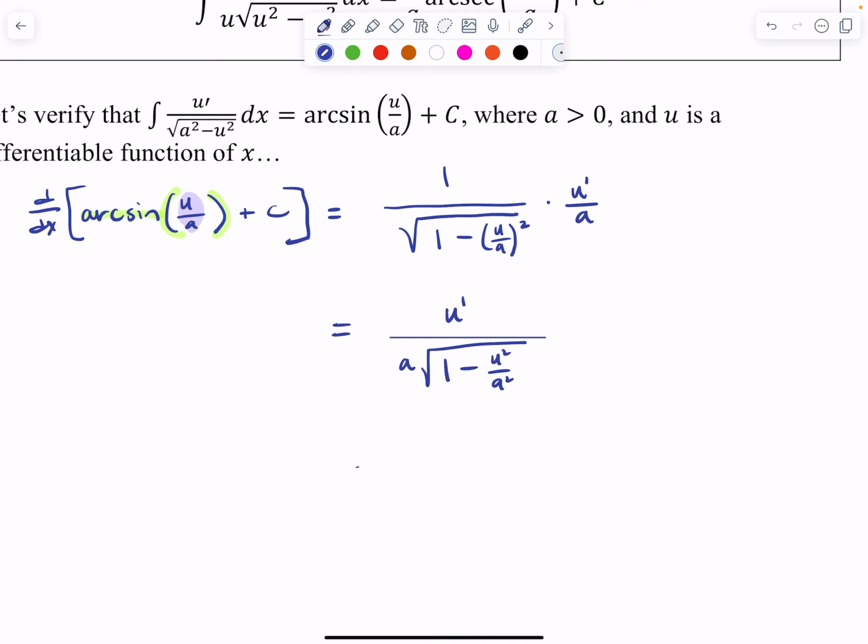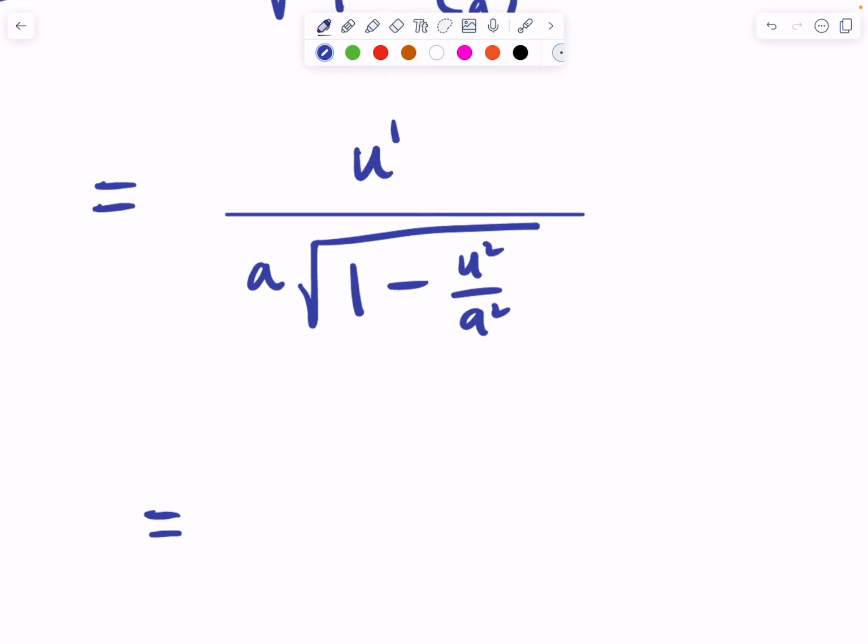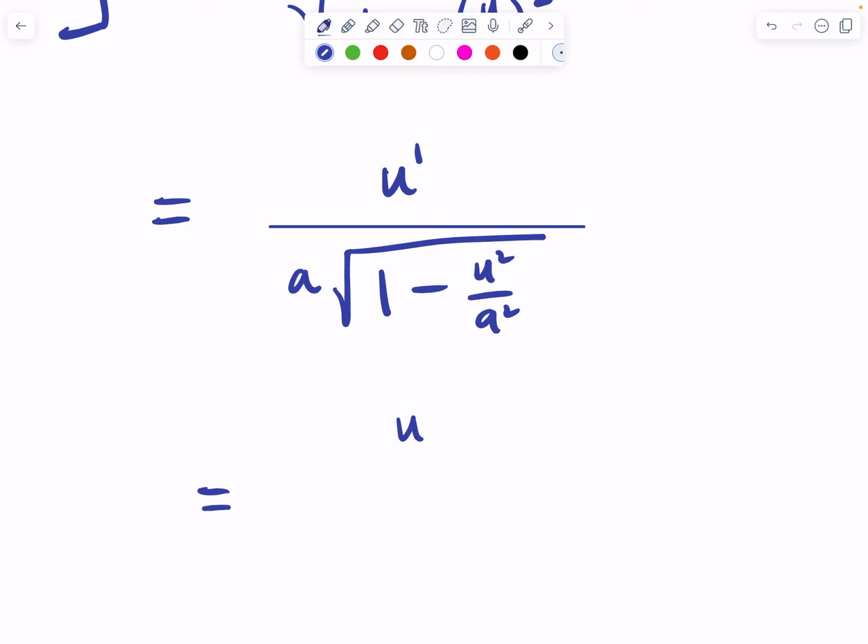So if we thought about getting a common denominator for what's under the radical, we would have the u prime over a times the square root of a squared minus u squared over a squared.